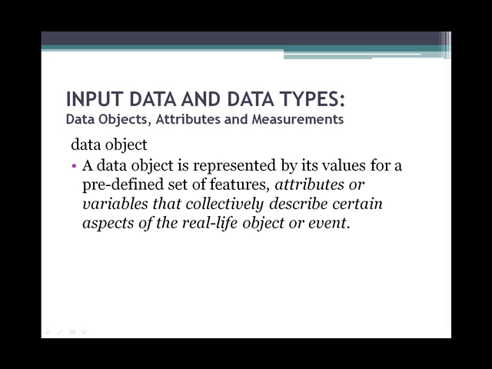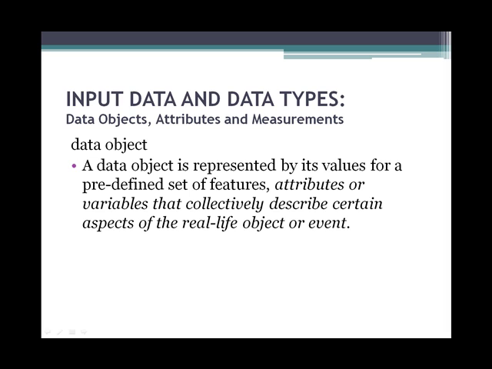Each flower that you pick up in the field is called an individual. Then you measure different things about the individual, like the petal length, petal width, sepal length, sepal width, and the type of flower it is. Each of those is called a variable.